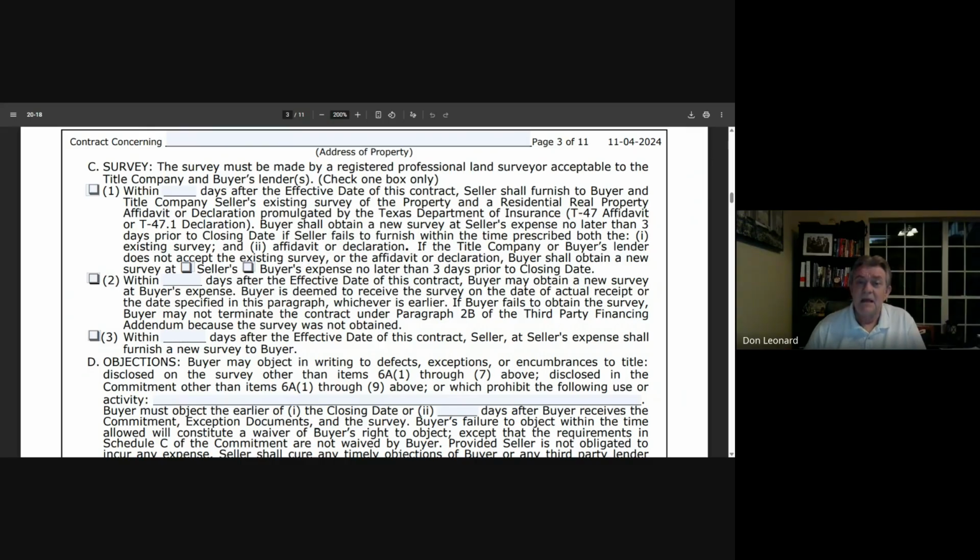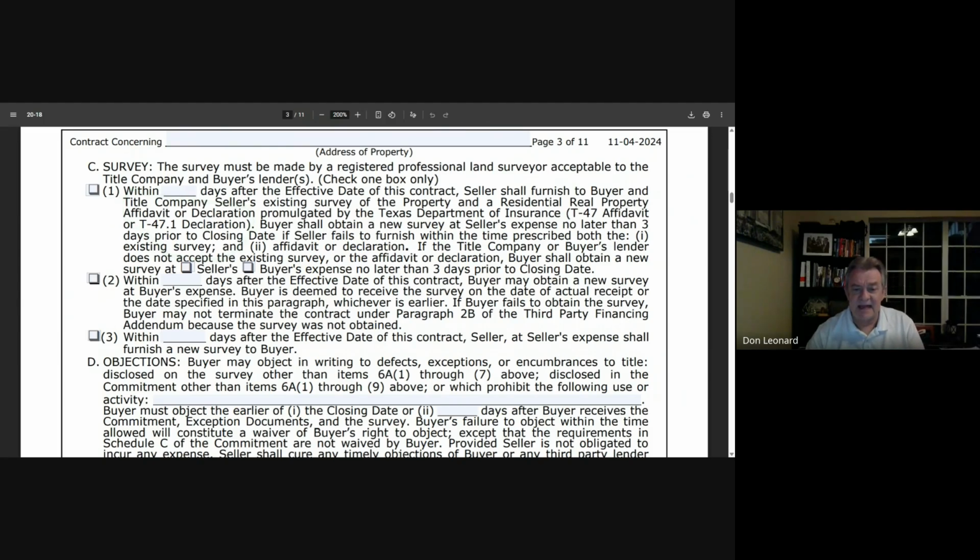Yeah, right. The other part of that is that even if they have an existing survey, the seller also has to fill out that other document called the T47, this T47 affidavit here, either that one or the declaration, one or the two. They've got to do one of the two.